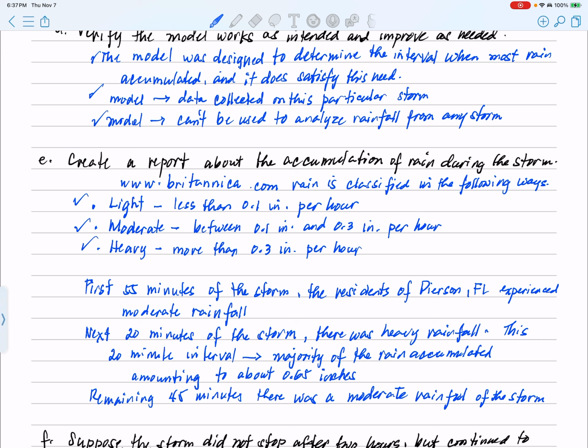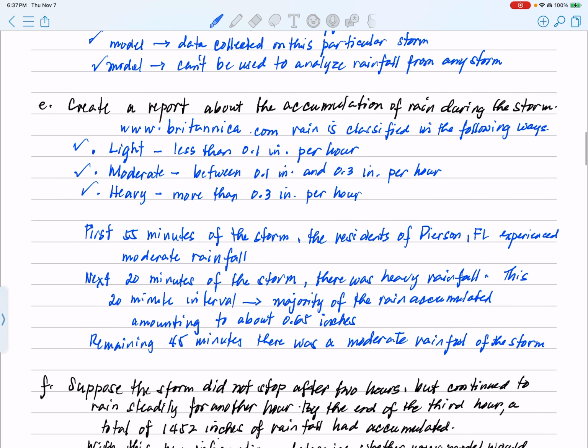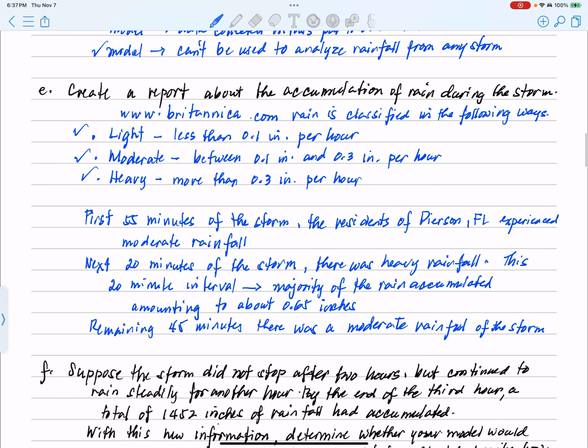So we could say for our report that for the first 55 minutes of the storm, the residents of Pearson, Florida experienced a moderate rainfall. For the next 20 minutes of the storm, there was a heavy rainfall. In the 20-minute interval, the majority of the rain accumulated, amounting to 0.65 inches.